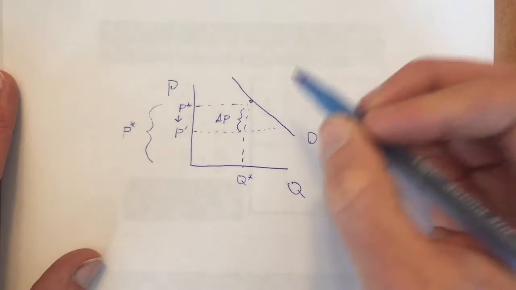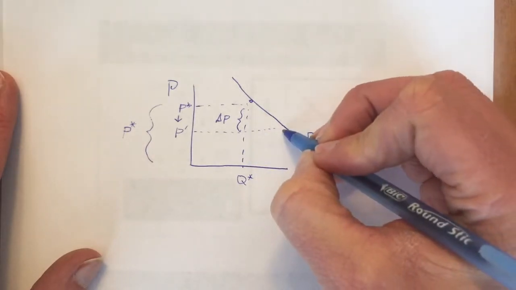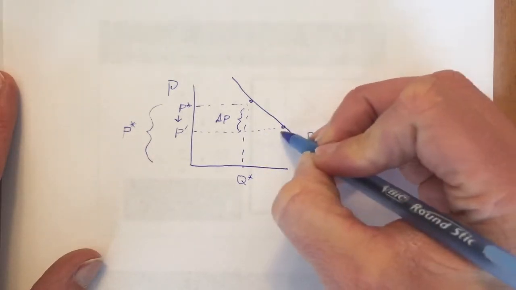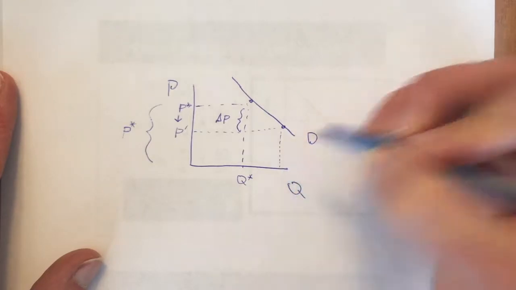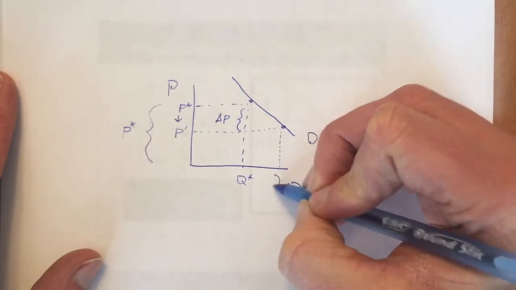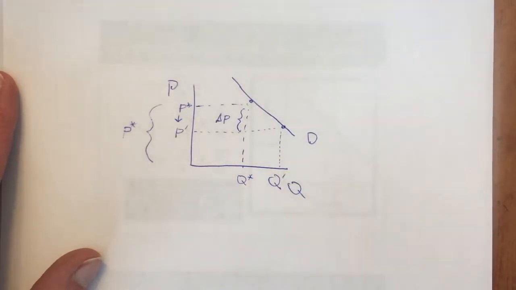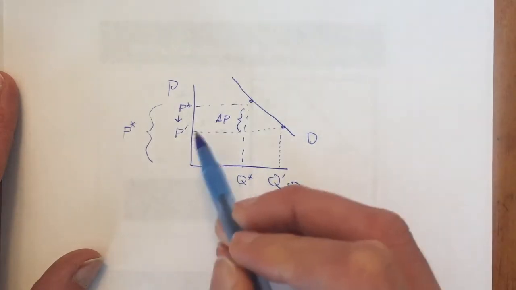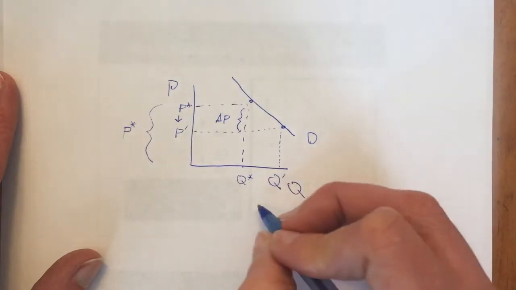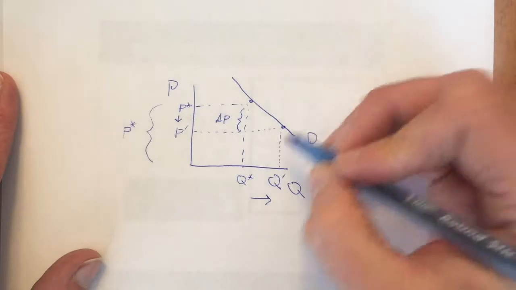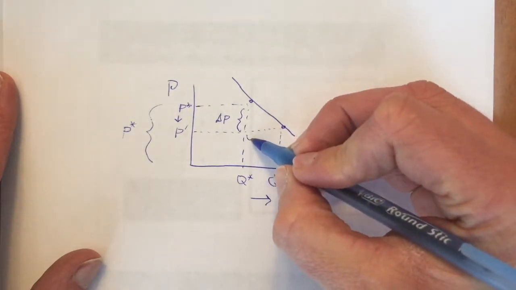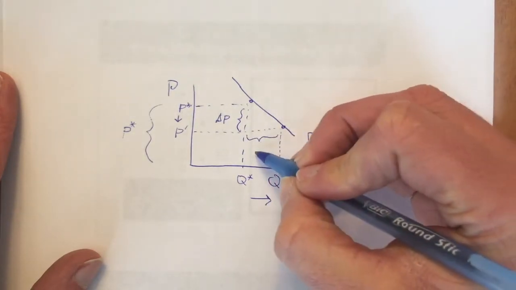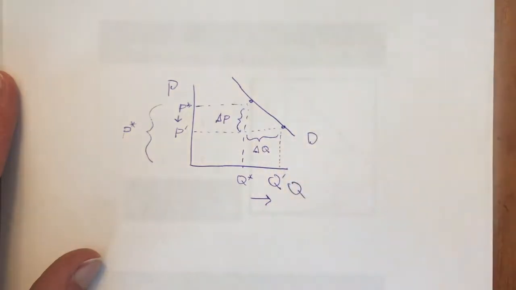So price drops by this much, and we're going to see how that's going to affect quantity. So now we're at this new point right here, call that Q prime, and we can see that when price drops, quantity is going to increase by this much. This is our delta Q, or the change in quantity demanded.